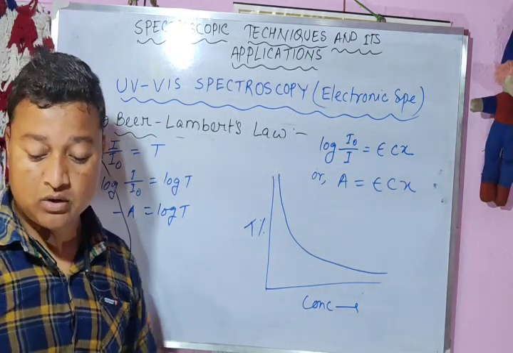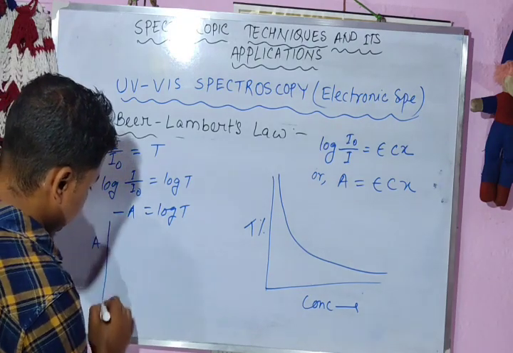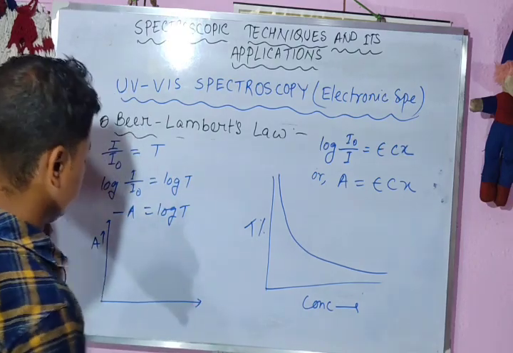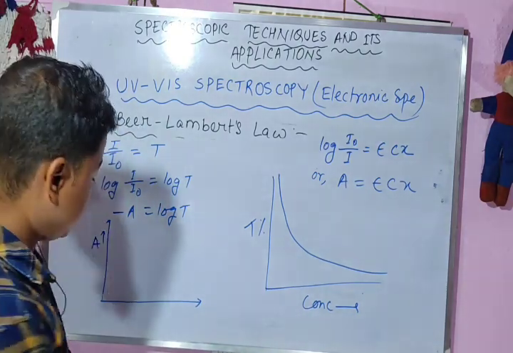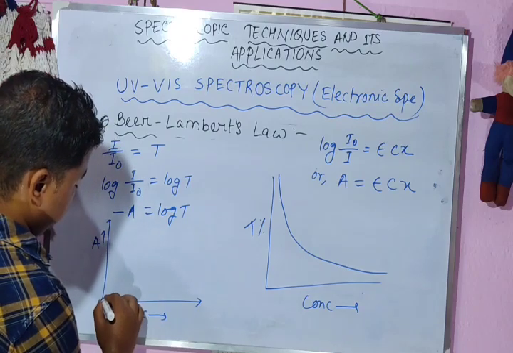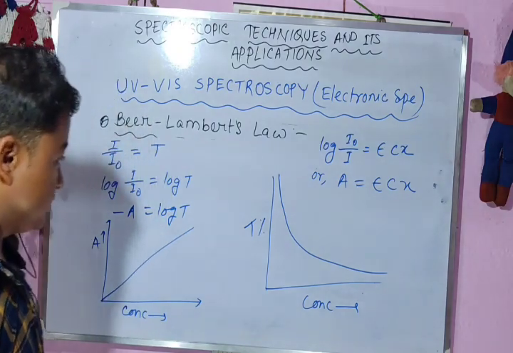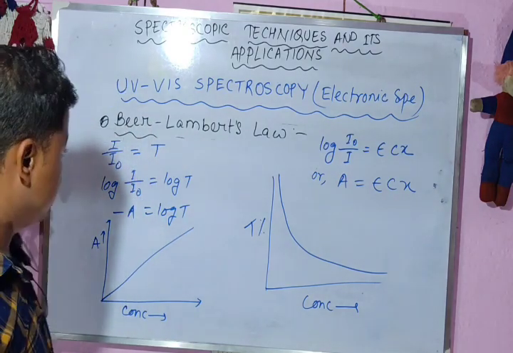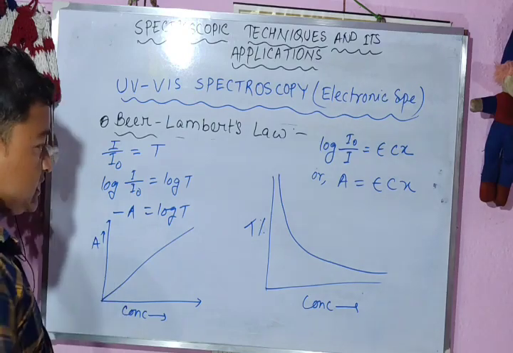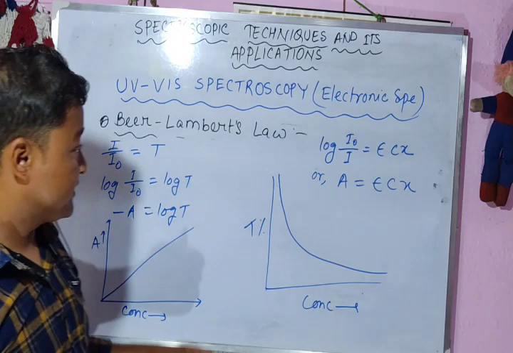And if we plot absorbance versus concentration, then we find a straight line. This is the total Lambert-Beer's law, and this is the plot. These plots are also very, very important.